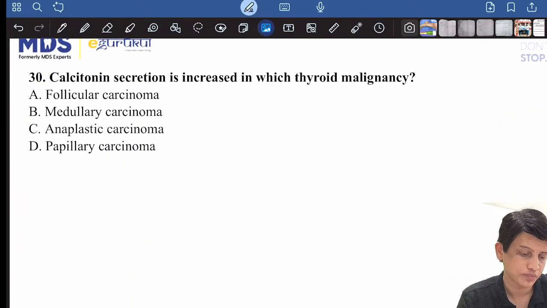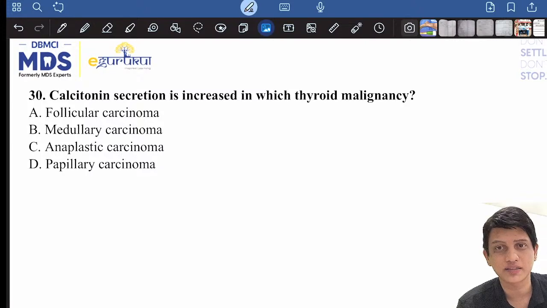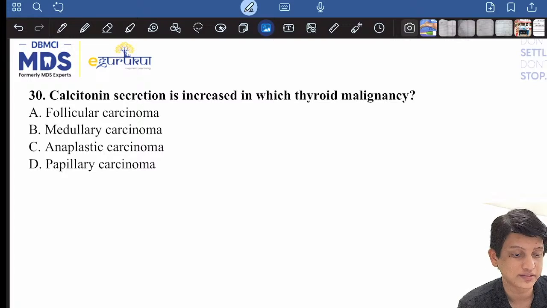Next question. Calcitonin secretion is increased in which thyroid malignancy? Calcitonin is produced from parafollicular cells of the thyroid. So which malignancy arises from parafollicular C cells? Is it follicular carcinoma, medullary carcinoma, anaplastic, or papillary carcinoma?